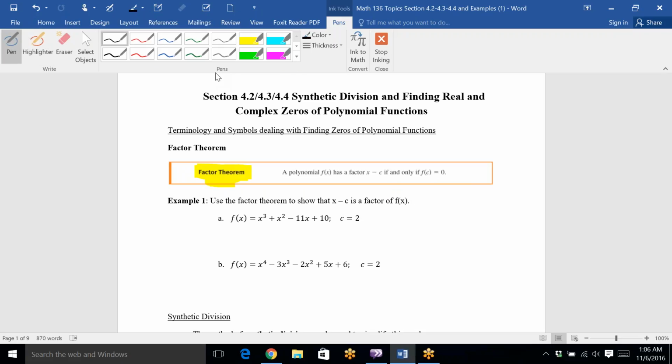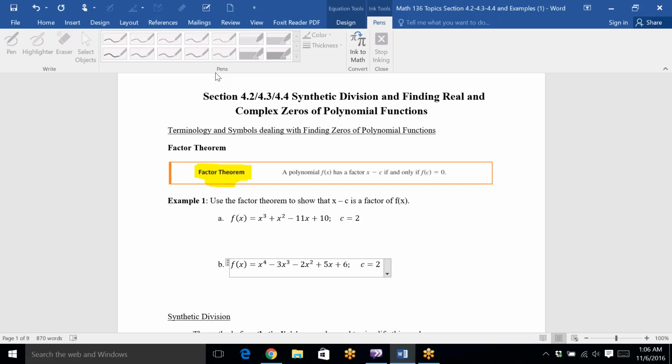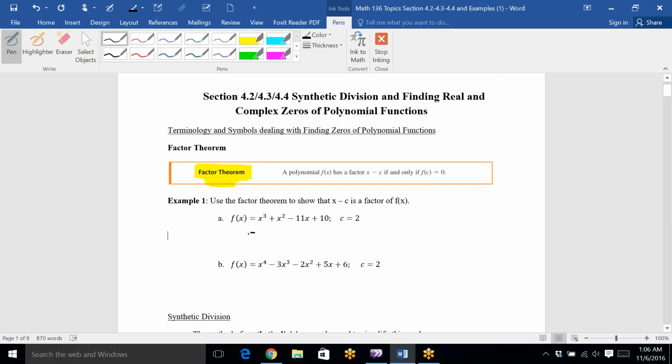So this says the only way you can actually have something on the x-axis is if when you plug the number, or the 0, into the function, it comes out as 0 for the ordered pair part. So for us, we're just doing two of them. We want to check to see if f of c is a 0.